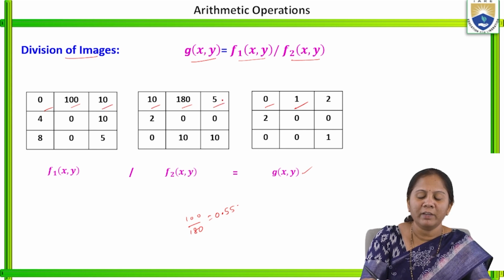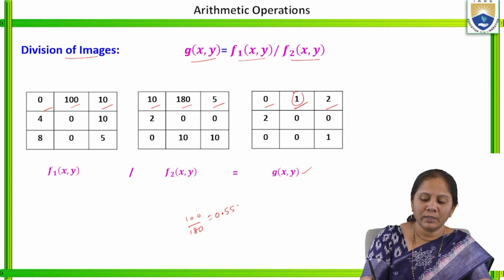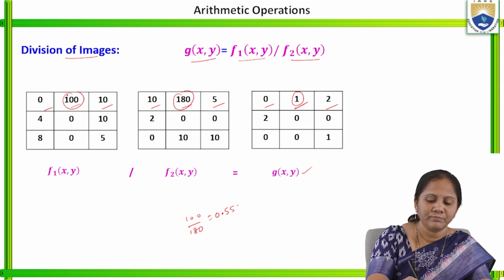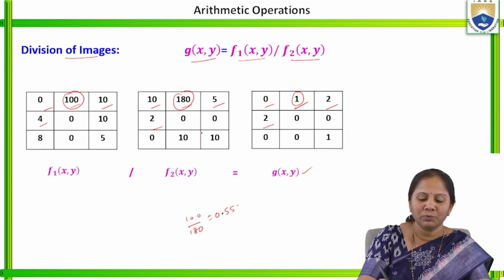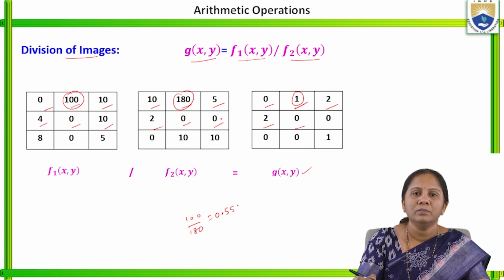And next one is 10 by 5, the value will be 2. So here the rule is applied. Next value is 4 by 2, the value is 2, and 0 by 0, the value is 0, and 10 by 0. We have discussed the rule: the factor by which we are dividing should be greater than 1.